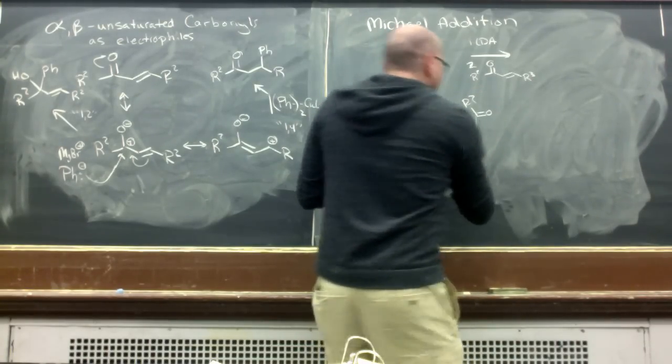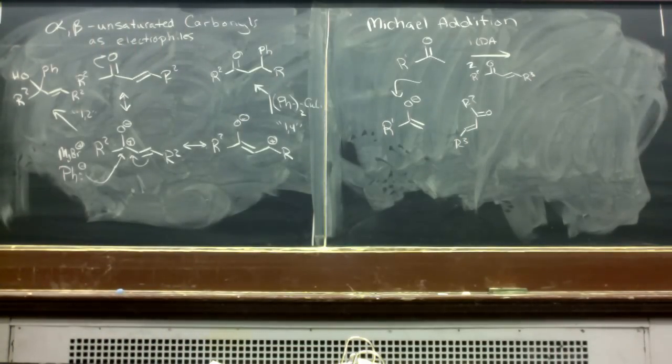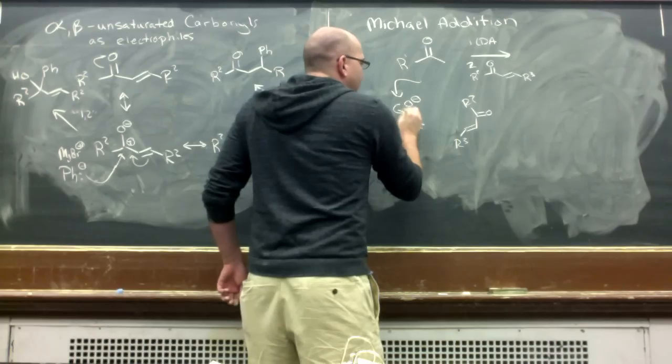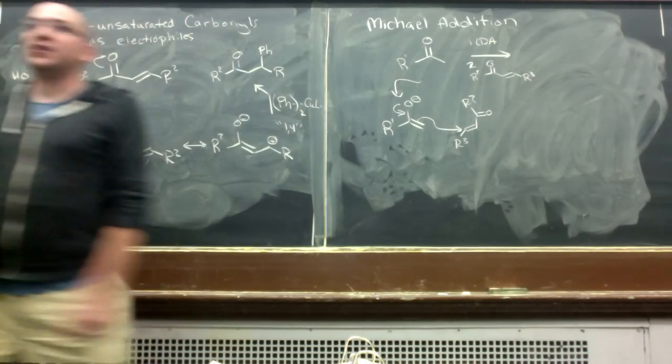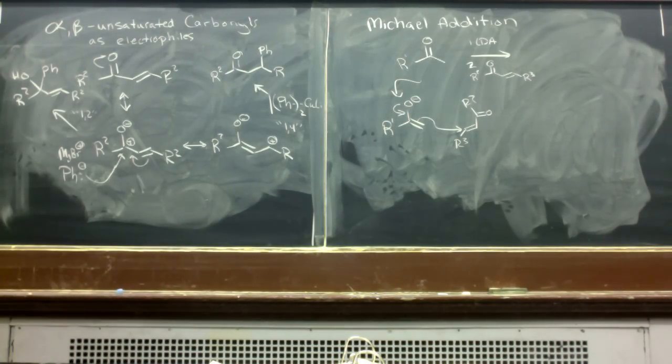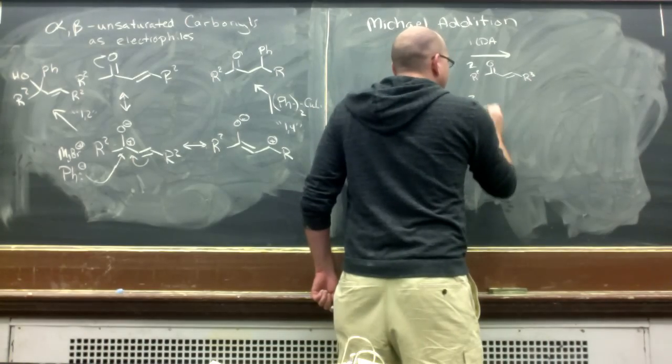I'm going to skip over a few steps. You can draw the resonance intermediates if you want to, but just like we showed over here, you're going to add to the 1,4 position. Okay, so that's where it's going to attack. If we push the arrows throughout this, what we're going to generate is the enolate.